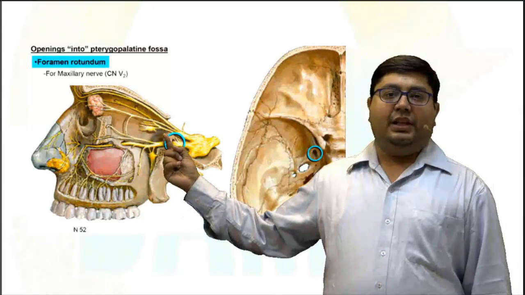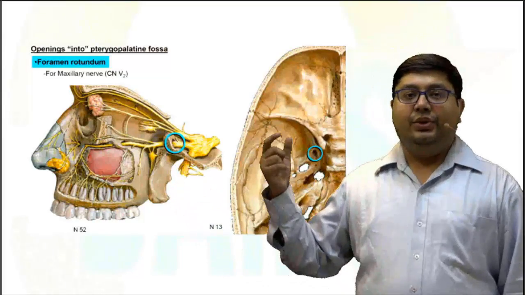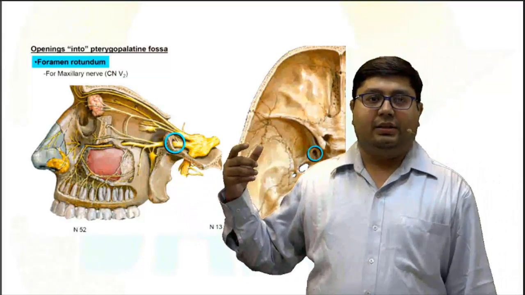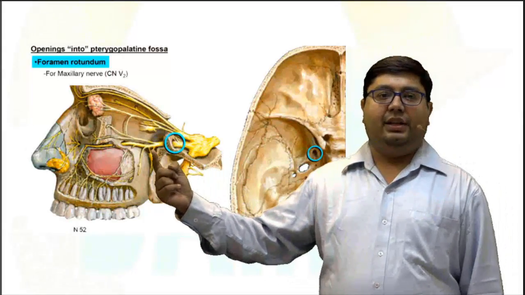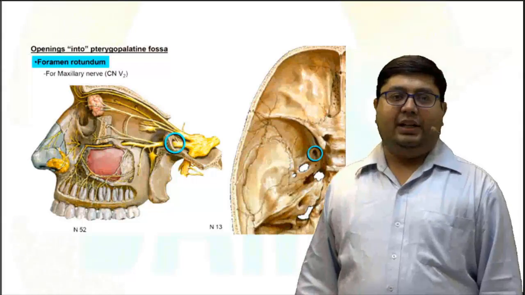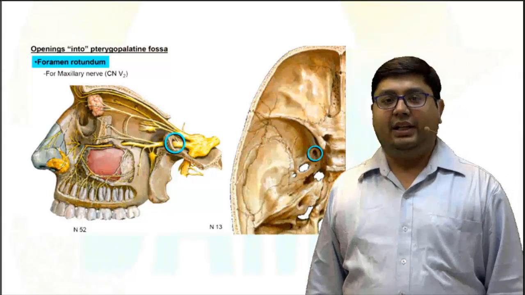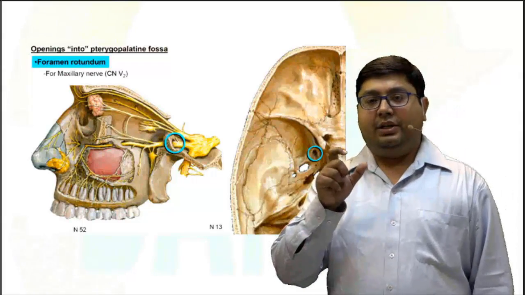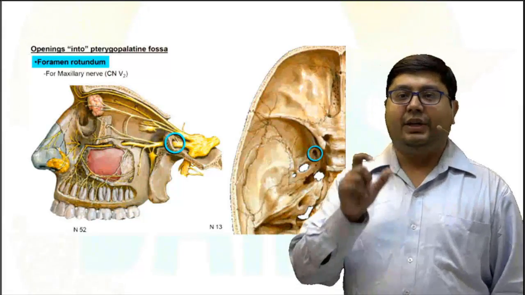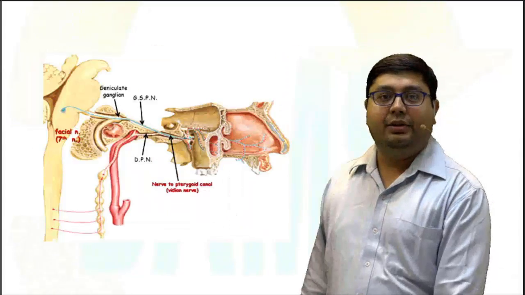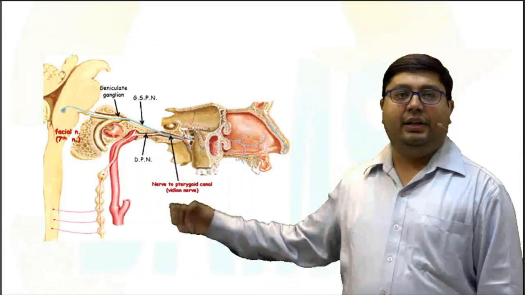So this nasociliary nerve is the one holding it, so it is the topographical nerve. And if you look at the maxillary division here, it is holding the pterygopalatine ganglion, so it is topographical for the pterygopalatine ganglion. But today's question deals with the preganglionic parasympathetic part, that is, the functional part of the parasympathetic ganglion.